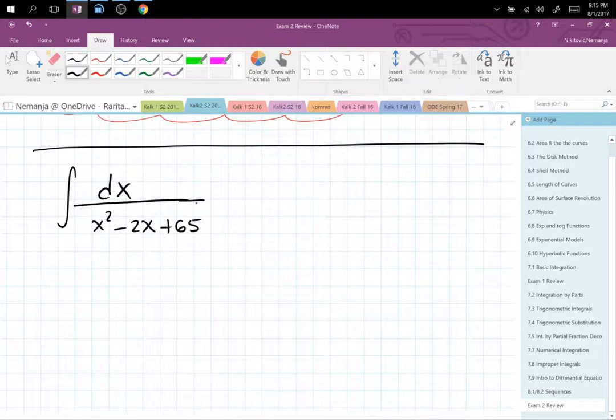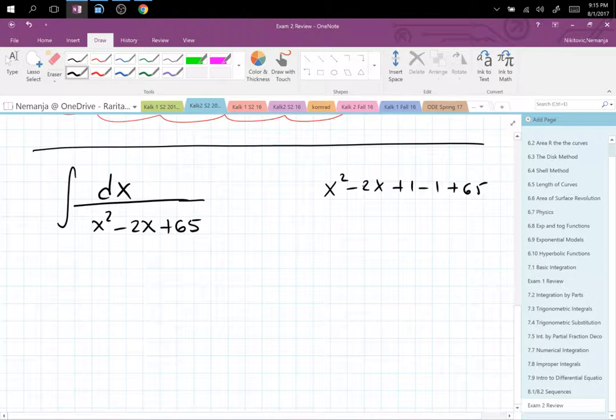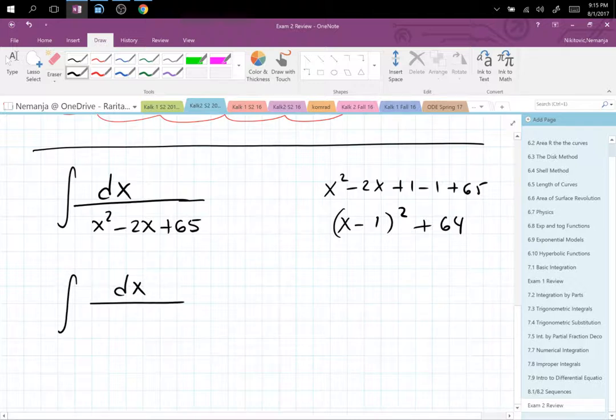If you complete the square on this one, we have x squared minus 2x, and then you go plus 1 minus 1 plus 65. This plus 1 minus 1 is 2 divided by 2 squared. We get x minus 1 squared plus 64, which is 8 squared. Wow, right?